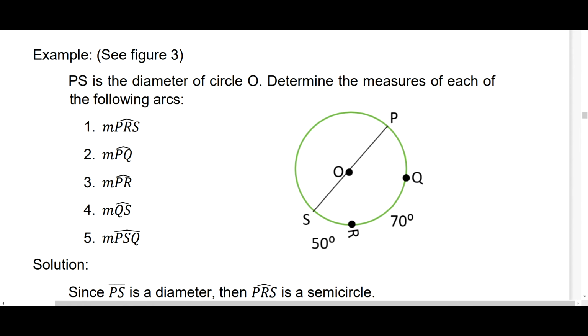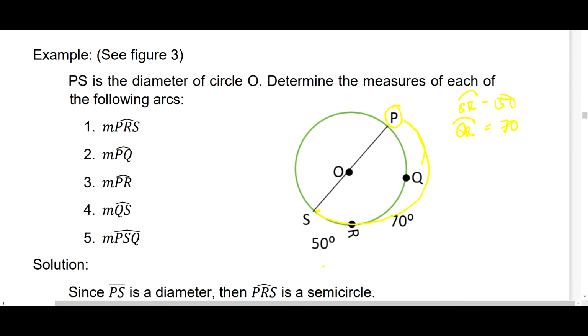Now, let's look at the figure. We want to measure arc PRS. Where is PRS? So, this is PRS. So, if SR is 50, arc QR is 70.